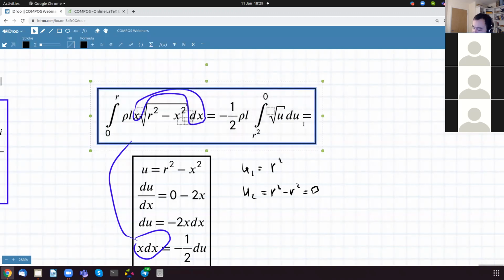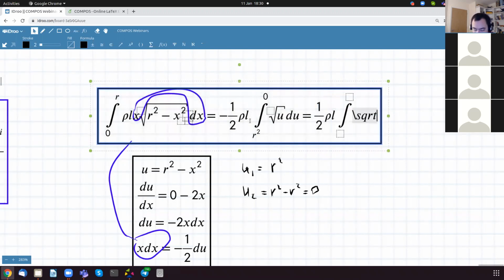Okay, so here I can take the minus and switch the limits round. So it's going to be 1/2 rho L, and okay, I'll copy it again.